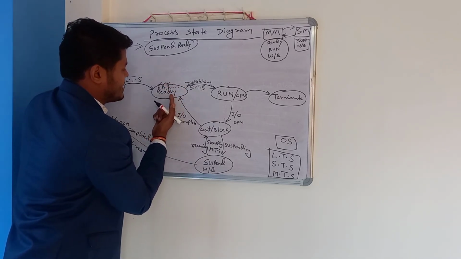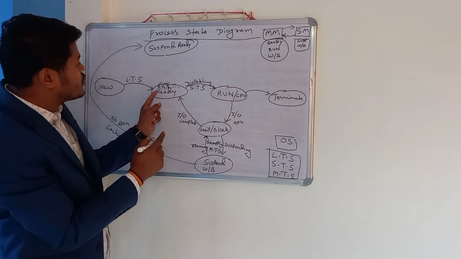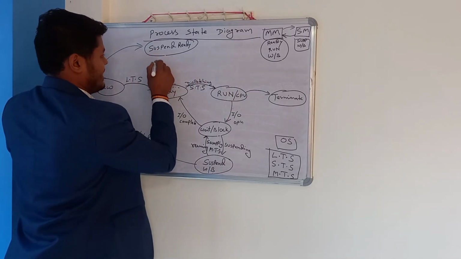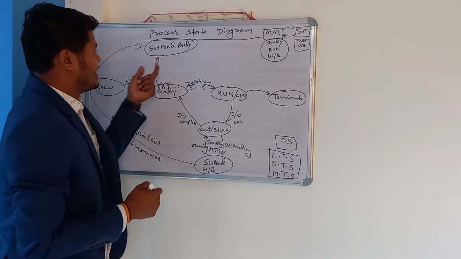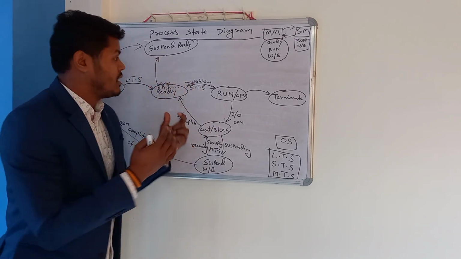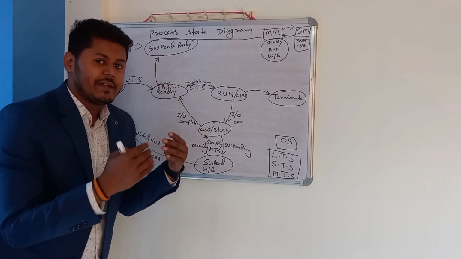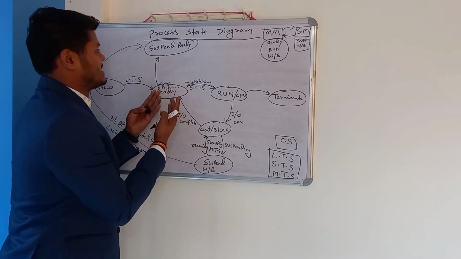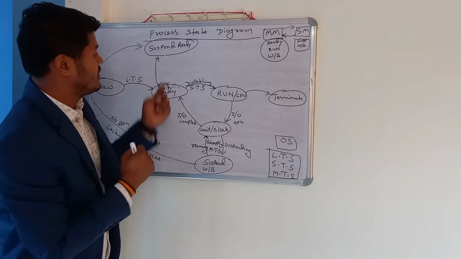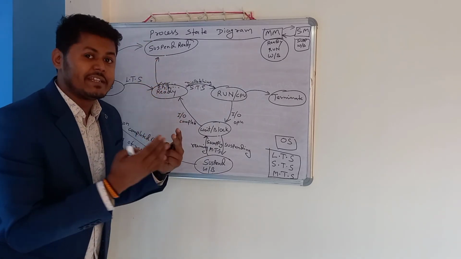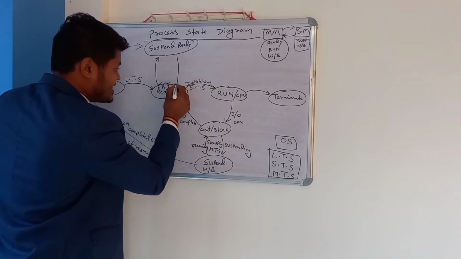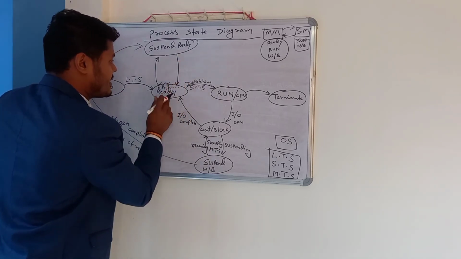After this, from the ready state, it will also go to the suspend ready state. Why? Because if resources are not able to manage a process, then it will go from the ready state to the suspend ready state. And when resources are available, then it will resume and come back to the ready state.